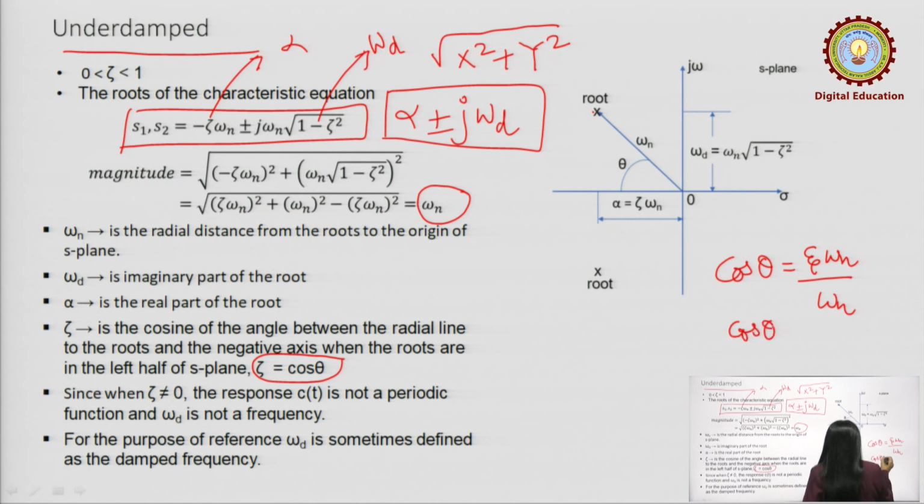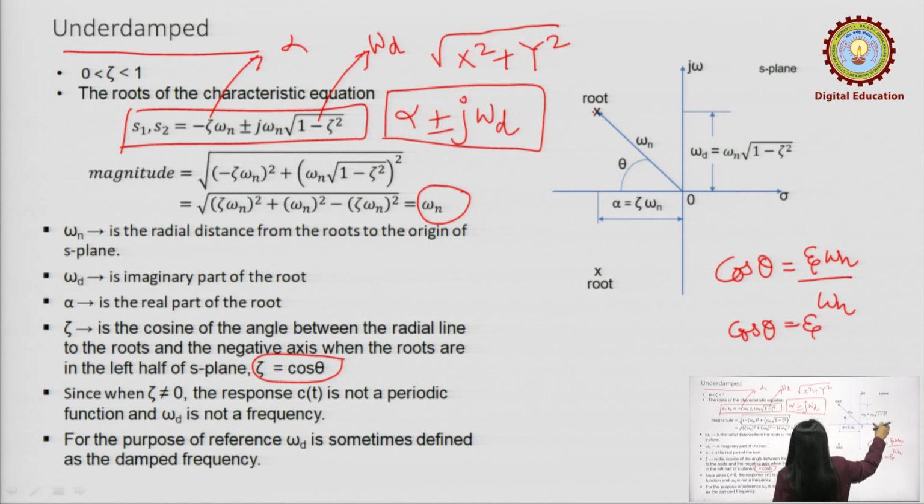So, cos theta is simply zeta. As mentioned here, zeta is the cosine of the angle between the radial line to the roots and the negative axis when the roots are in the left half of the S plane. So, zeta is equal to cos theta.